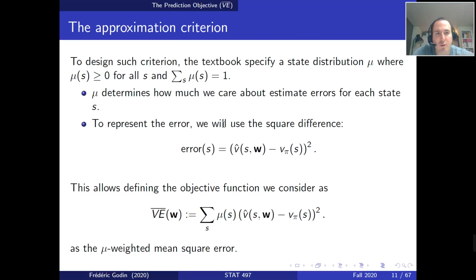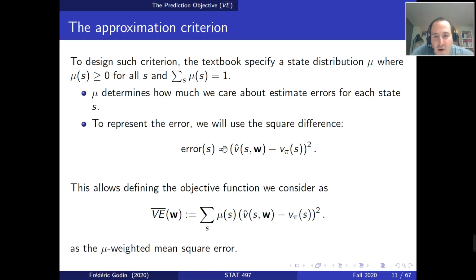Okay, so to represent the accuracy of our approximations of the value function, we will quantify errors through the squared differences between the true and the approximated value function.